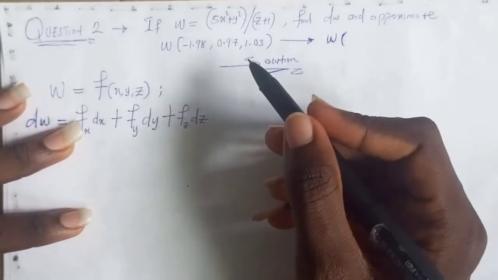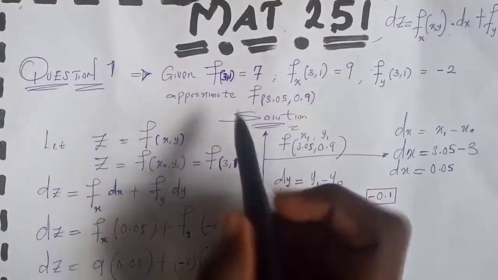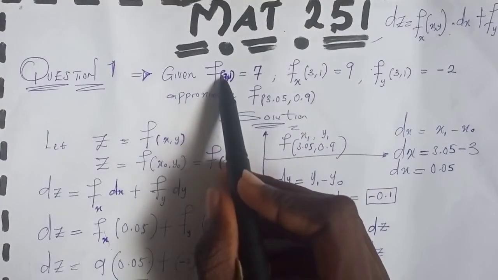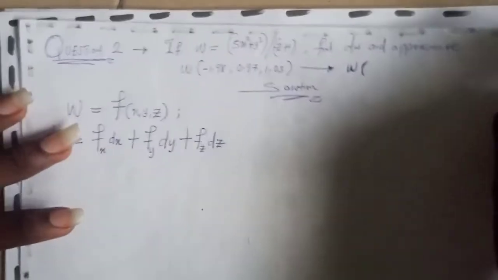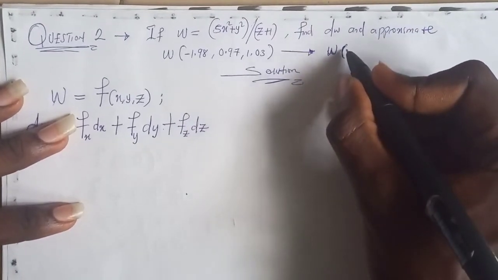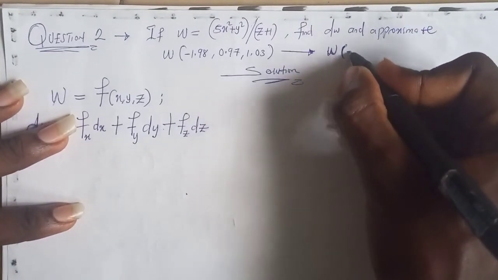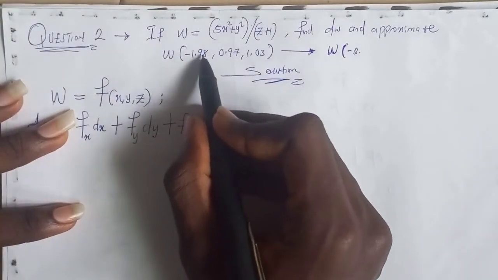From the previous example, we had 3 initially, and then an adjustment to 3.05. Let's say we have an initial point for x to be minus 2.0, which later reduced to minus 1.98.